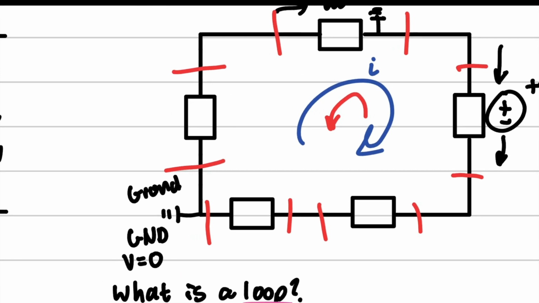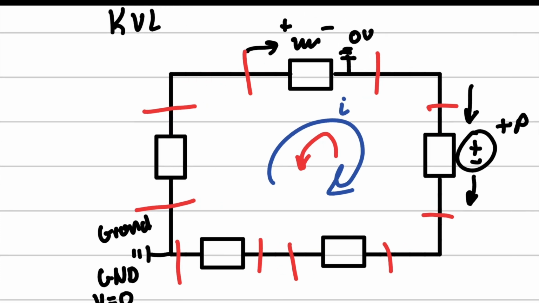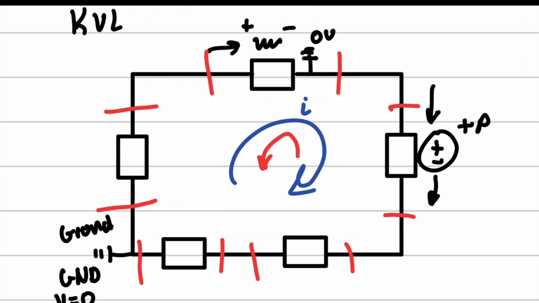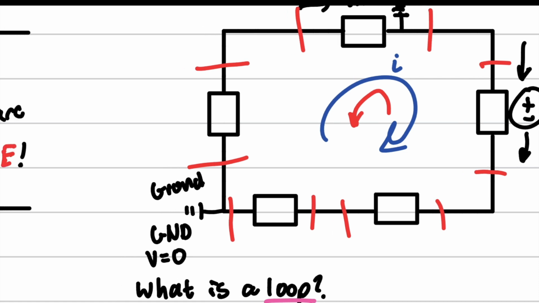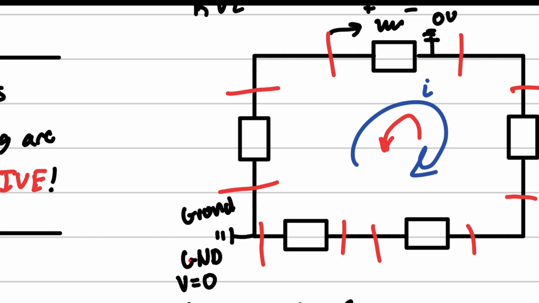The idea of choosing a ground is to get as many components to a 0 potential difference as you say, because 0 is very easy to work with. When you're doing all these equations, we're going to be multiplying or subtracting by some kind of voltage, and you want to subtract or multiply by a 0. It just makes the math easier.